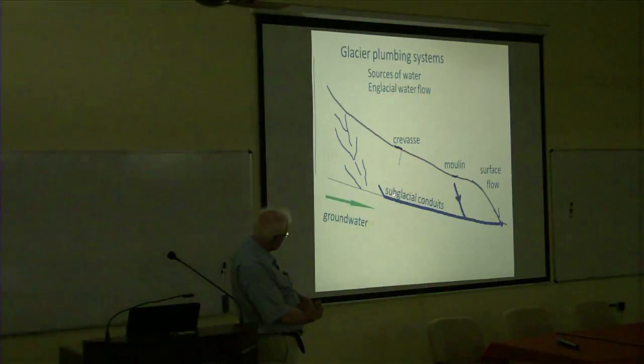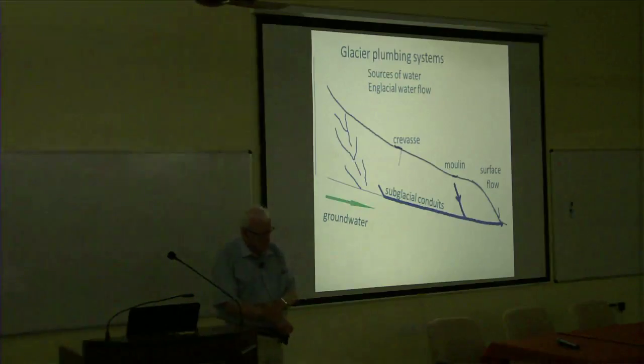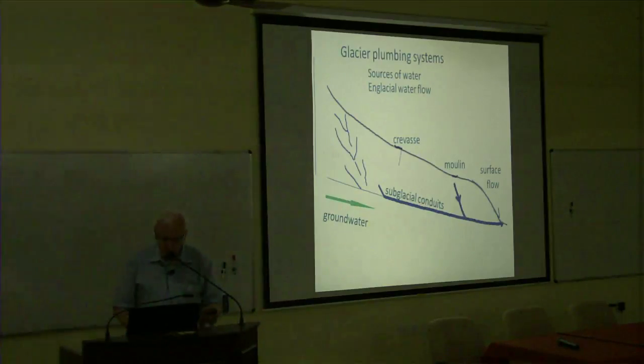But in some cases, the water may be accumulated in the glacier, not moving all the time, but accumulating sometimes into subglacial lakes. There can also be lakes on the surface of the glaciers, and there can be lakes in front of the glaciers, which are the most common type here in the Himalayas.